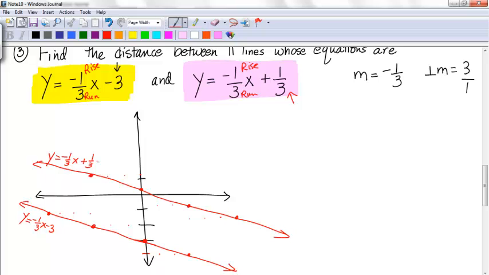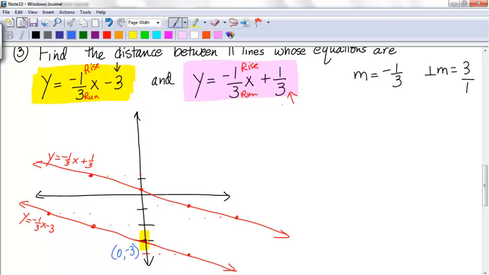Okay, now you pick one of those lines, and the easiest one to pick is probably going to be this one, because we have a point. We know the point where this line crosses the y-axis. What is this ordered pair? 0, negative 3.